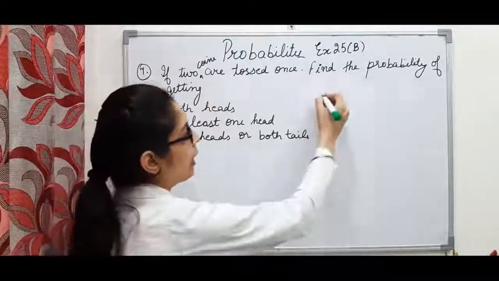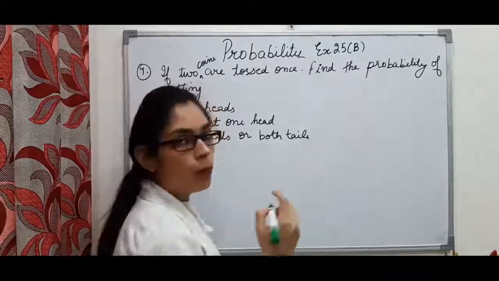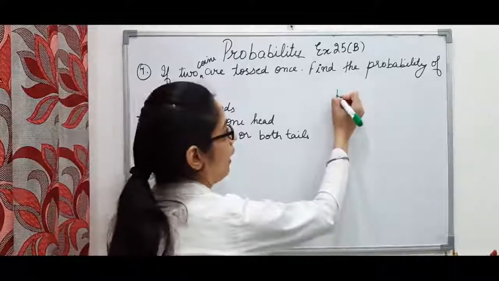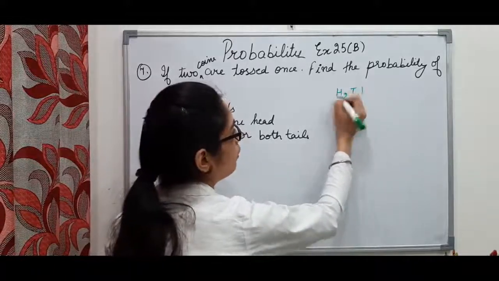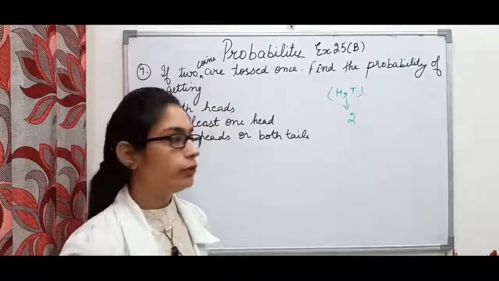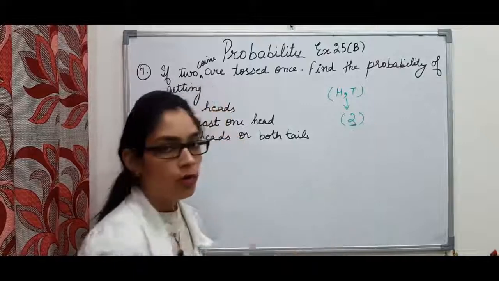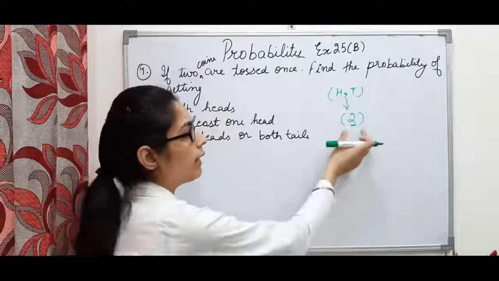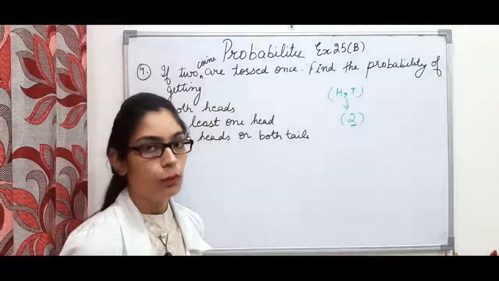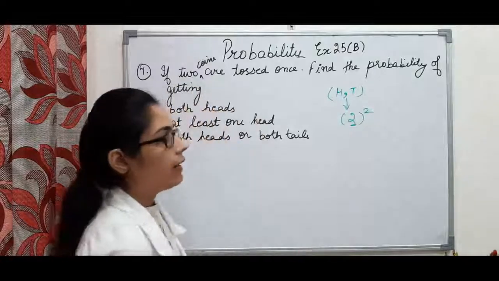Say 2 coins are tossed together. For 1 coin, what is the total number of events? I know I will either get head or tail, which means I have 2 possible outcomes. So I will write the possible outcomes of 1 coin as my base, and how many times that coin is going to be tossed, 2 times, I will write as its exponent.